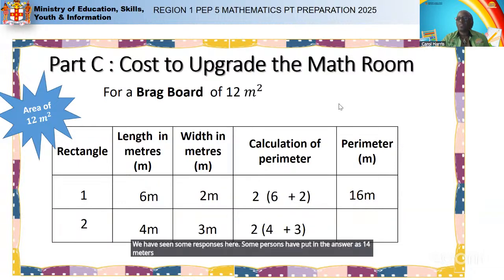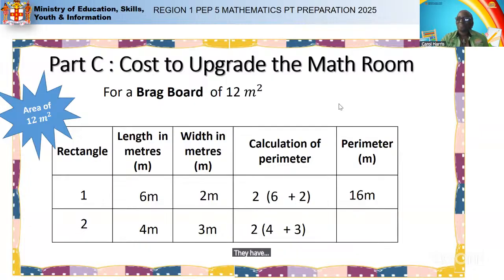Beautiful. Some persons are really, really on the ball. They are not just giving the answer, but they are showing how they work it out. So for example, Halfway Tree Primary, they have 2 open bracket, 4 plus 3 close bracket equal 14 meters. Excellent way of writing your answer.